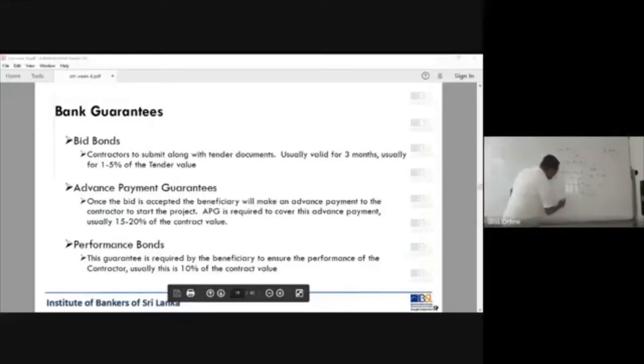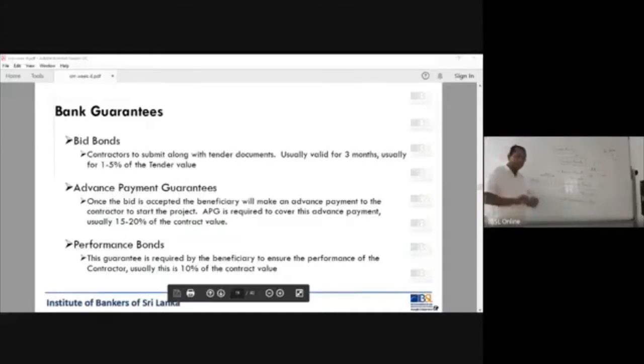Then we have something called maintenance guarantee. These performance bonds are converted to maintenance guarantees. That means once the road is done, if ABC company needs to maintain it for a period, the bank needs to give a guarantee saying that my customer will maintain as per the agreement for 1 year.